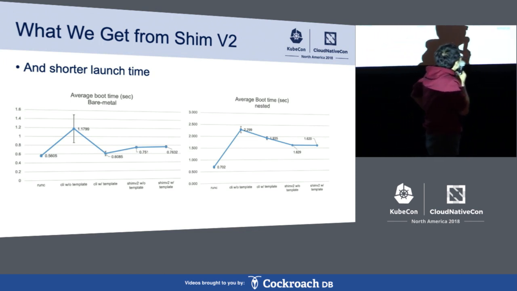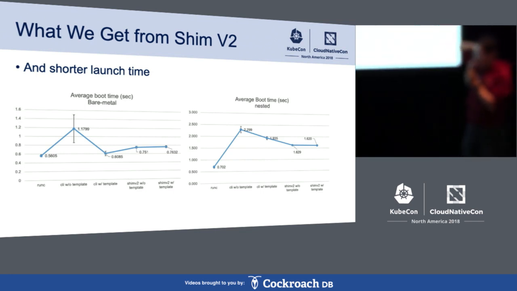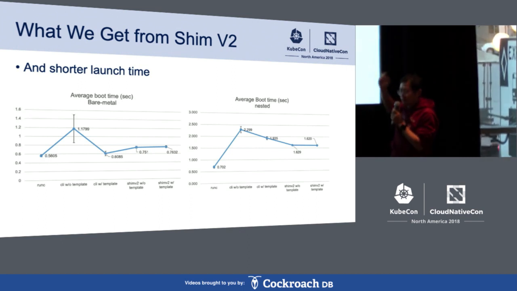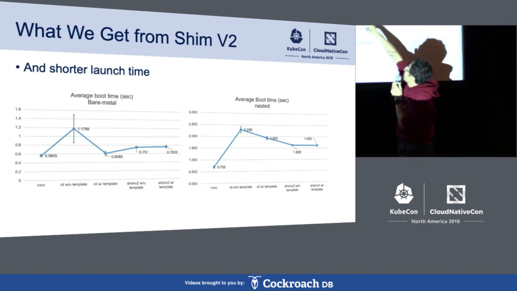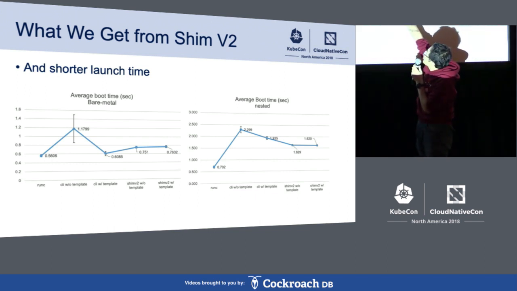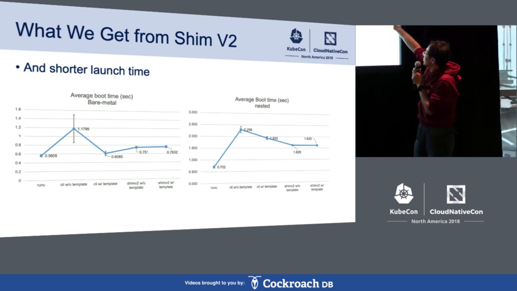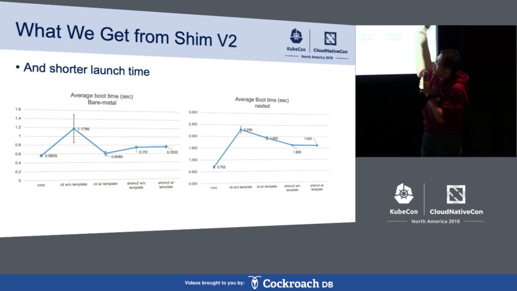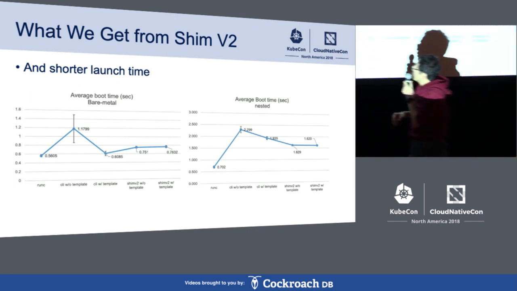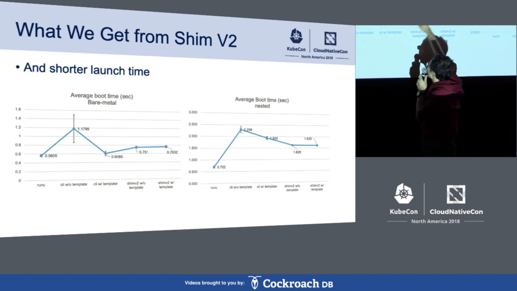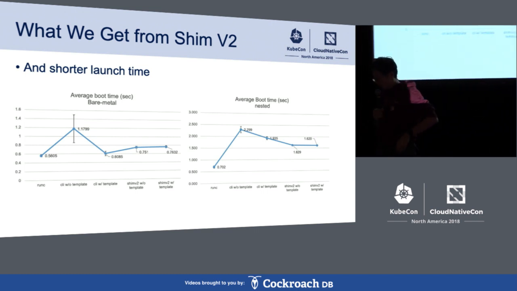For nested virtualization, it's easier to find the difference. With the Kubernetes runtime directly using the Kata runtime, compared with the shim v2, there is a very significant difference. And when you use the baremetal with shim v2, it will be very close to RunC itself.